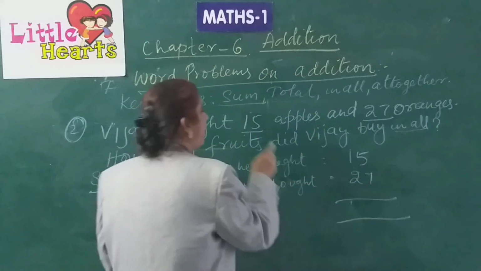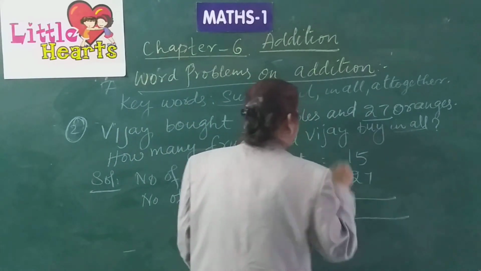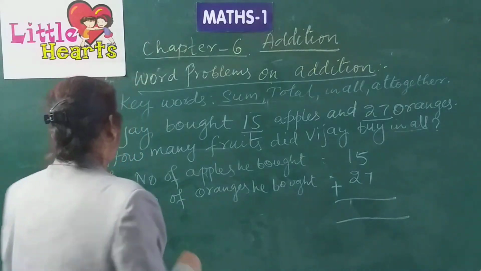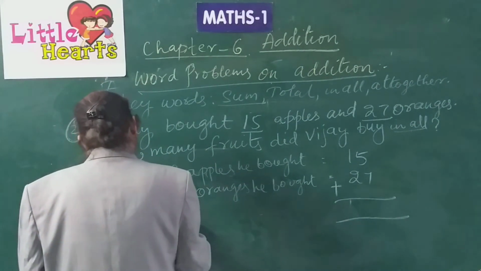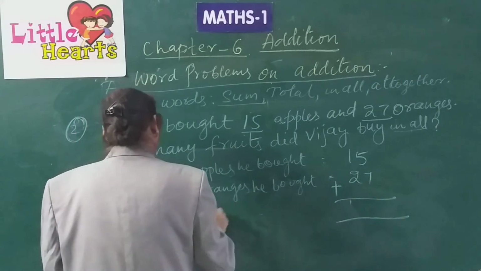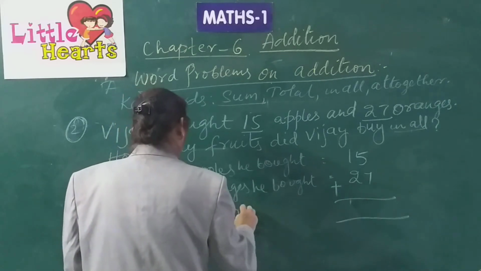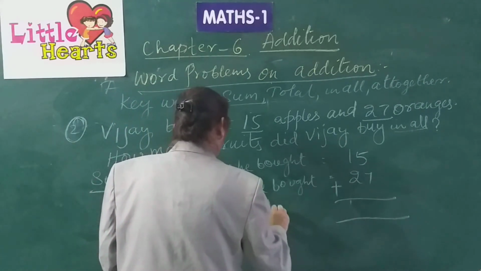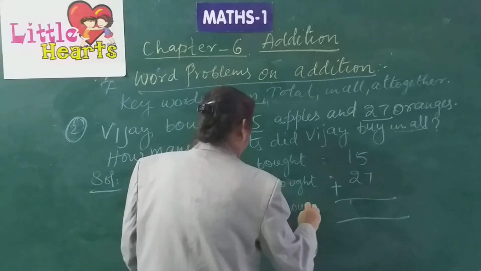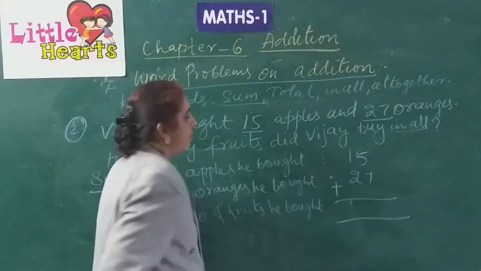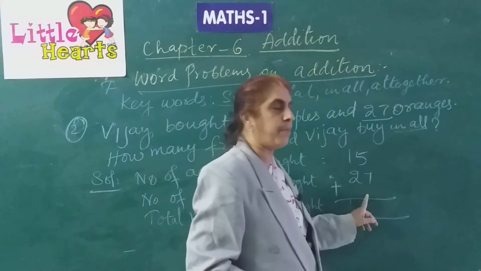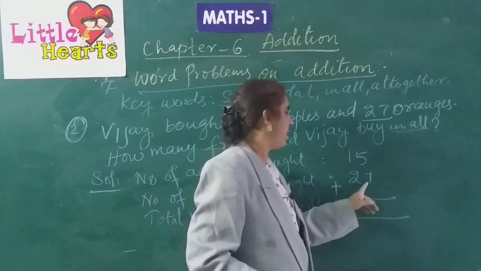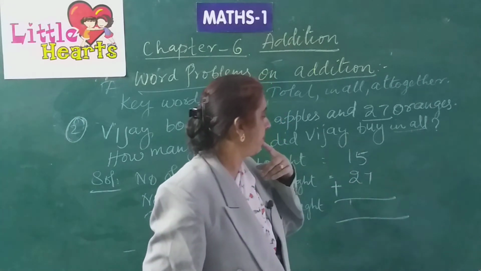As it is total number of fruits we have to find, it is addition. So total number of fruits he brought: 15 plus 27. 5 plus 7.